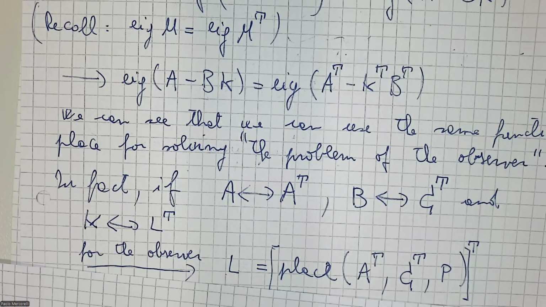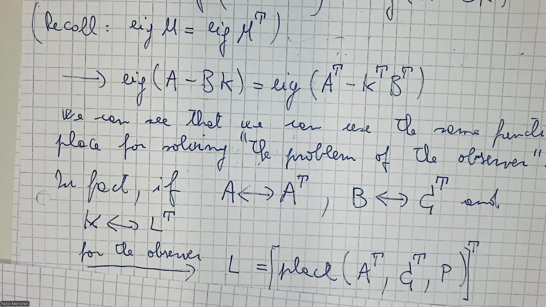This is related to the duality between the controllability and the observability. The duality is in the concept related to the transposition, but the transposition of the matrix A. But instead of the matrix B, we have the matrix C transposed.